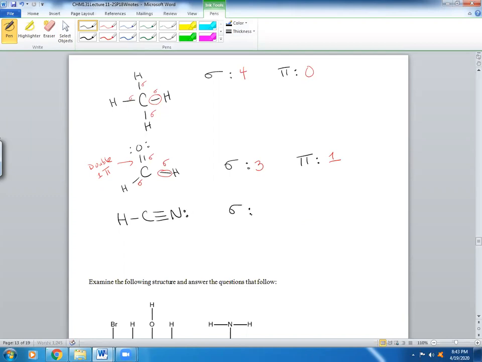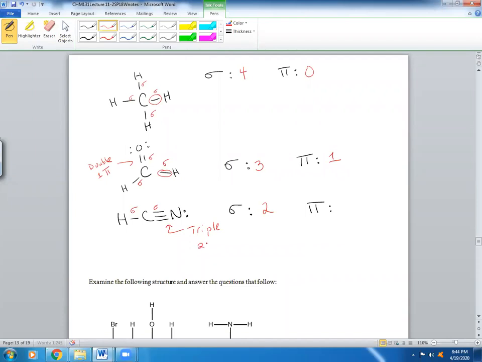Want to figure this out? You can pause now. Okay, so there's always 1 sigma bond. Here it is. There's 1 in there too. So that's 2. Okay, but I have a triple bond.